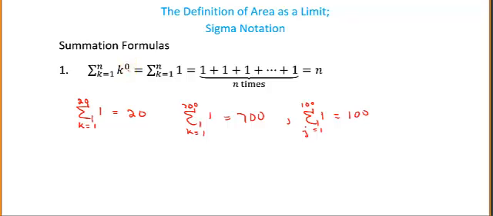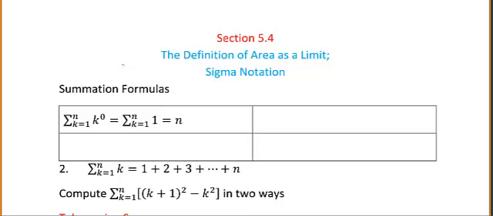What we're going to do now is develop a sum for k raised to the first power. We have that the sum as k goes from 1 to n of k to the 0 is n. Now I want to look at the sum as k goes from 1 to n of k, which would be 1 plus 2 plus 3 all the way out to n.